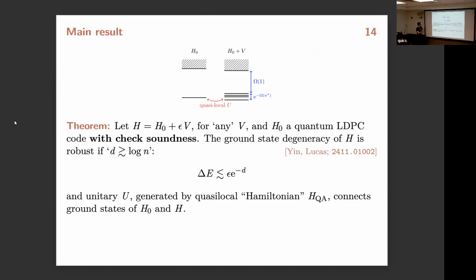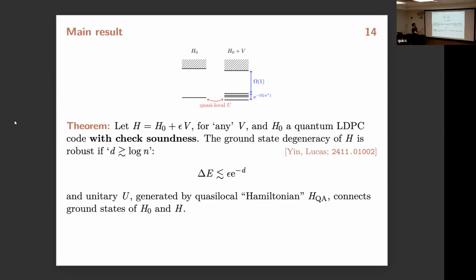The Hamiltonian is H naught plus epsilon V. H naught is a sum of parity checks of a quantum LDPC code, and we can basically have any few-body perturbation V. I'll define that slightly more precisely a little bit later. We show that as long as this code H naught exhibits check soundness, which I'll define on the next slide, then the ground state degeneracy of H is at least approximately robust, so long as the code distance is at least log n.